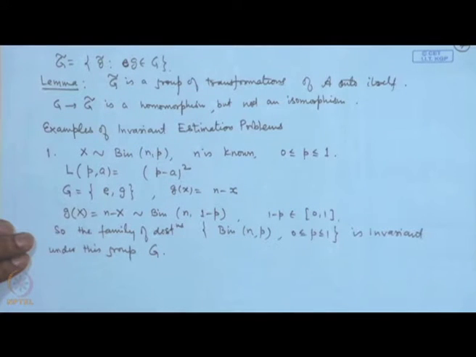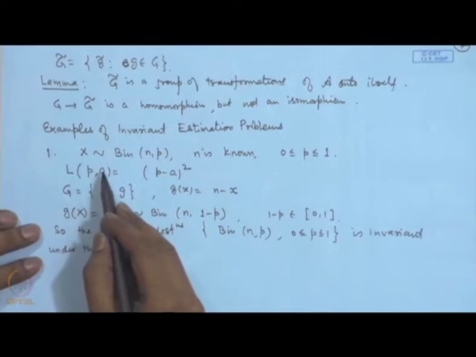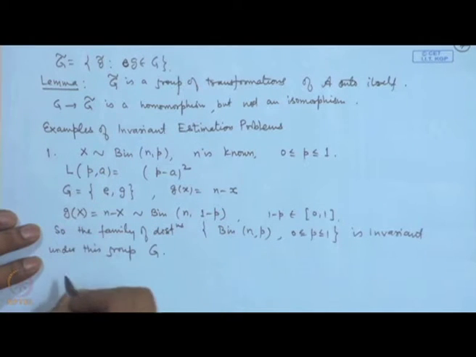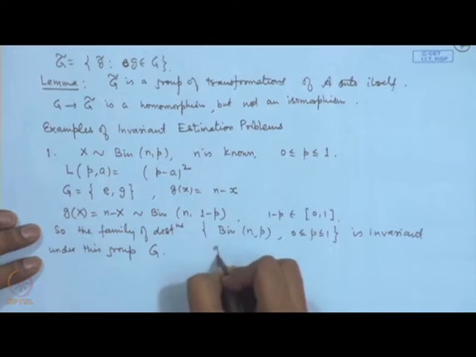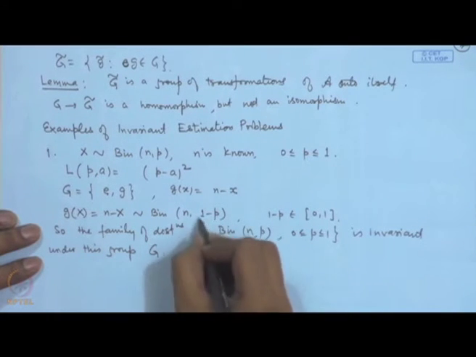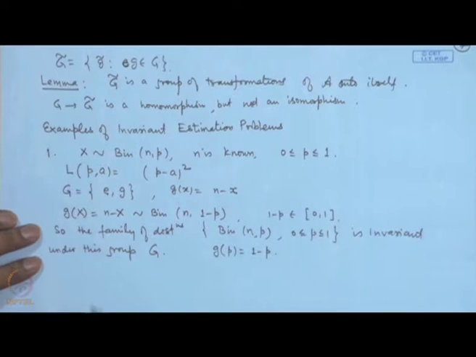Let us look at whether the estimation problem is invariant or not. Now, under this transformation, what is g of p? That is equal to 1 minus p.